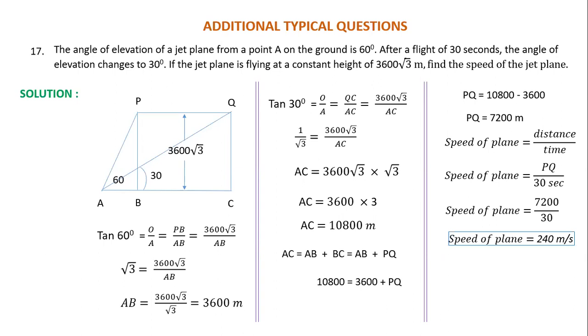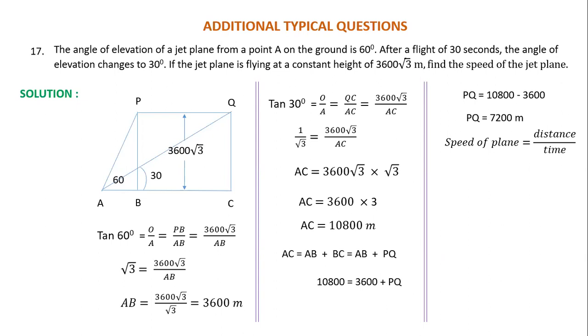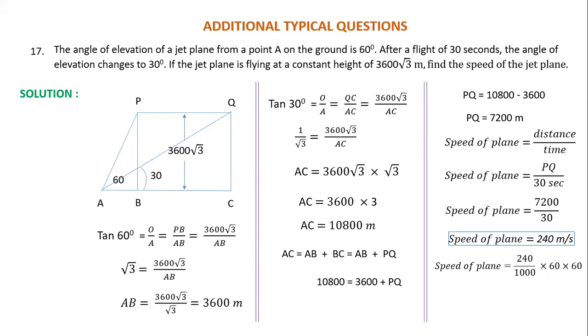Now, if you want to convert it into kilometers, what do we do? Multiply by 60 into 60. Because one 60 converts seconds to minutes, another 60 converts it into hours.